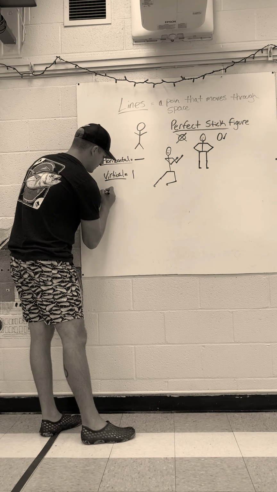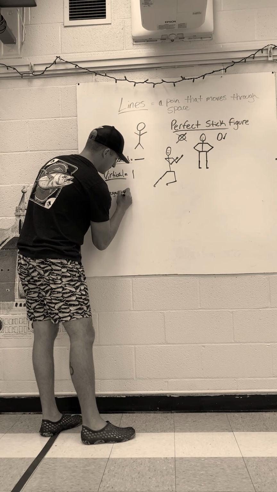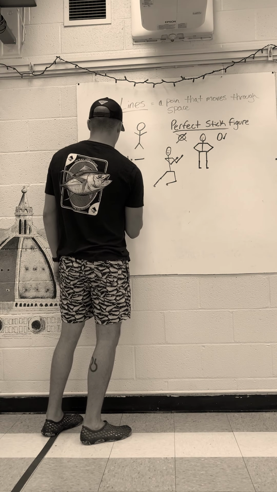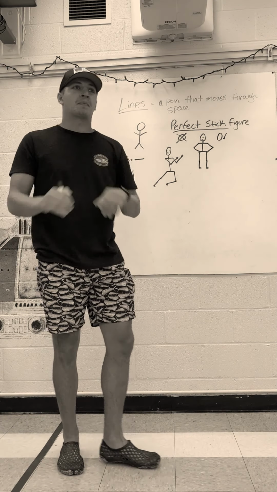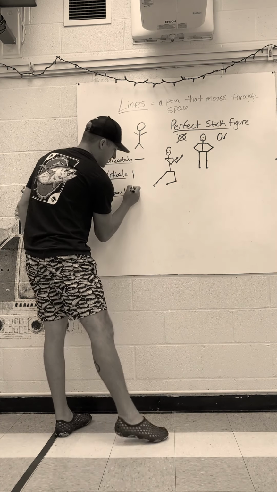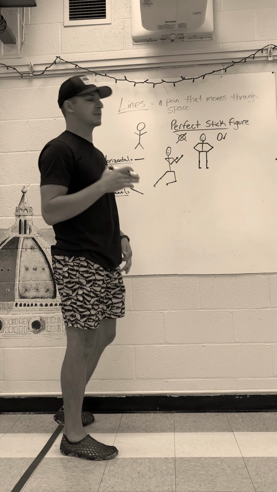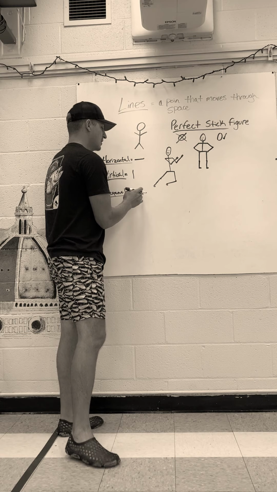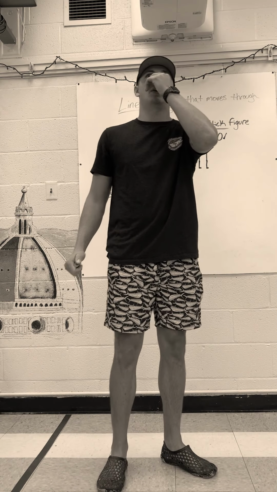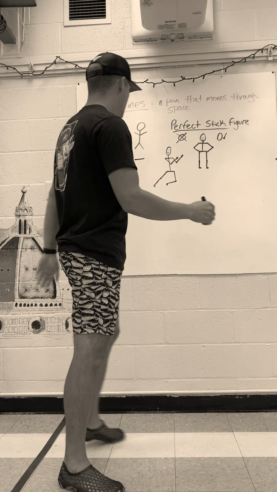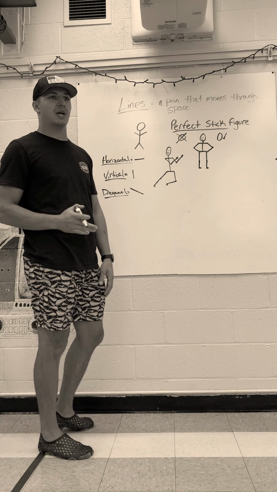Now, this one, diagonal lines are this. So they're right in the middle between a vertical and horizontal. So let's say we were out here outside and we saw a tree, okay? A tree is a vertical line, but all of a sudden someone chops it down, okay?